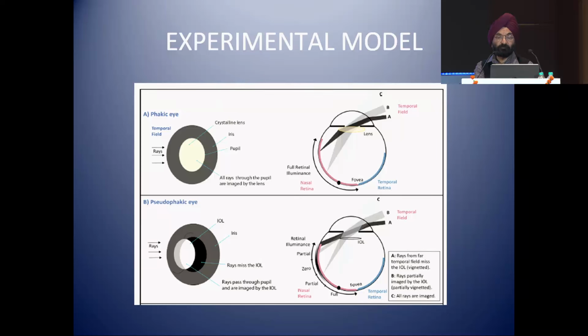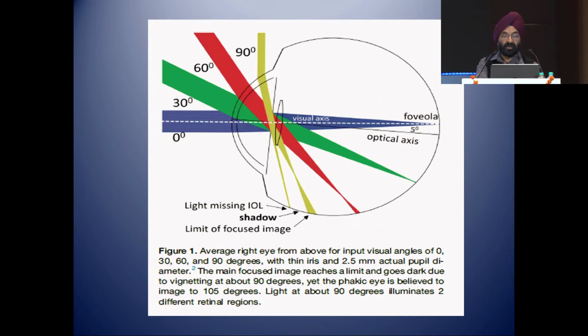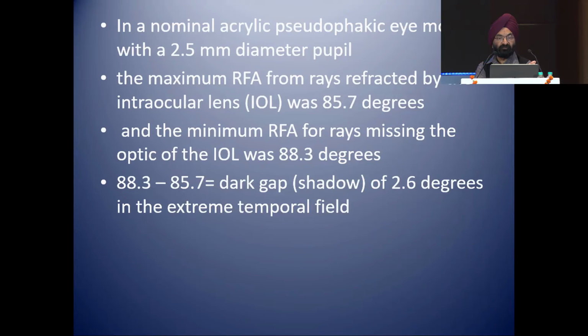These are the experimental models where they have traced the light rays coming from various angles in the temporal field of vision, and they found a particular angle between 90 degrees and 60 degrees, where one light ray is grazing the anterior surface, and those coming from 60 degrees are refracted much more from the inferior edge and the posterior surface of the lens.